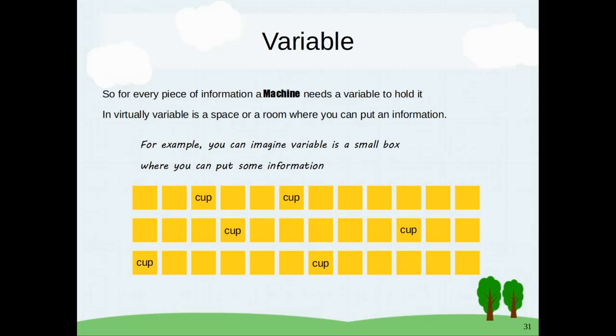You can say these are small boxes inside the computer. You can see that they can be arranged in many ways. You can see the yellow squares are representing the boxes, and we have the information. Here is a cup, so you can store the cup into different boxes.